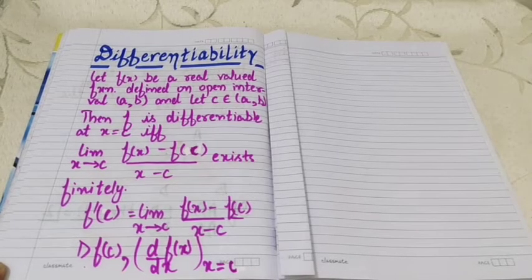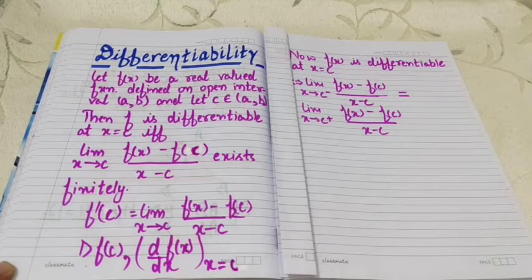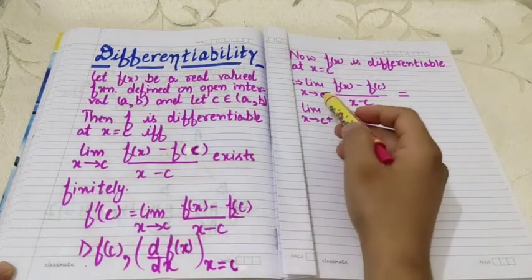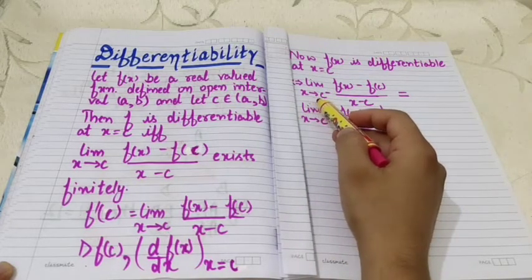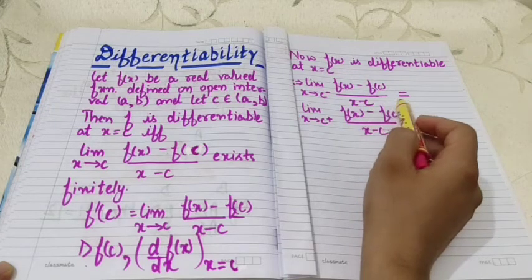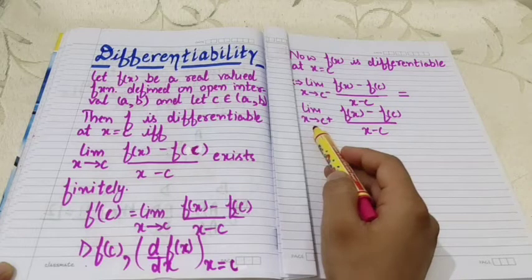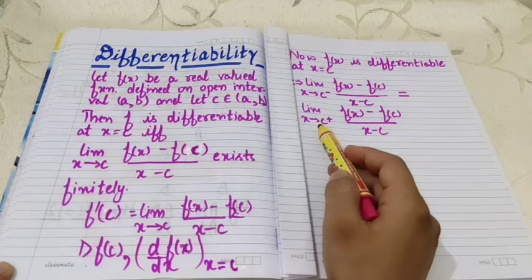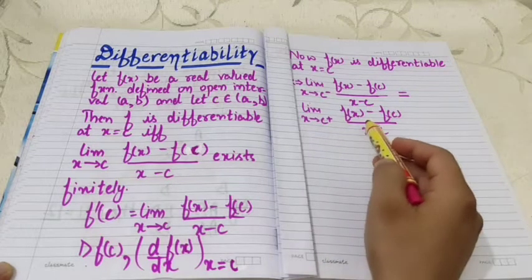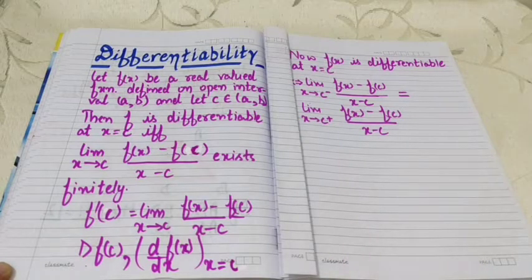So accordingly, this limit will exist if the left limit at x equals c, denoted by limit x approaches c negative of [f(x) minus f(c)] divided by (x minus c), is equal to the right limit at x equals c, denoted by limit x approaches c positive of [f(x) minus f(c)] divided by (x minus c).